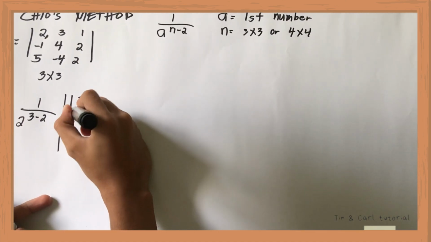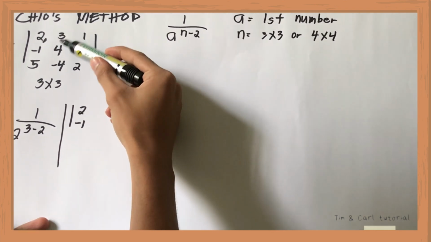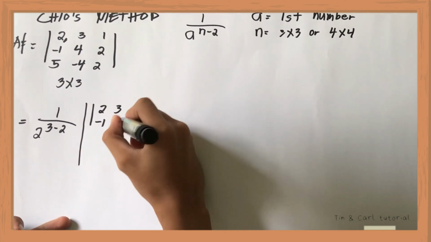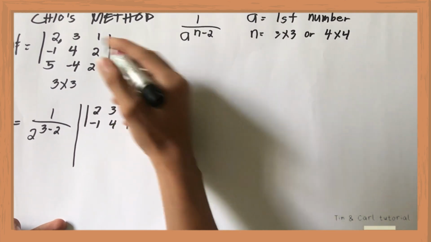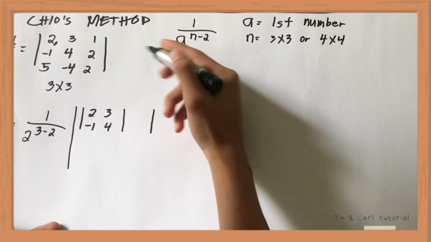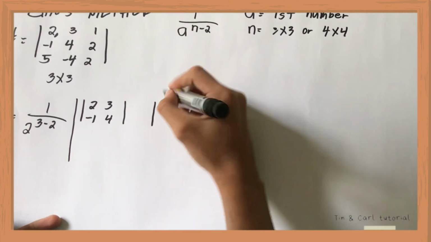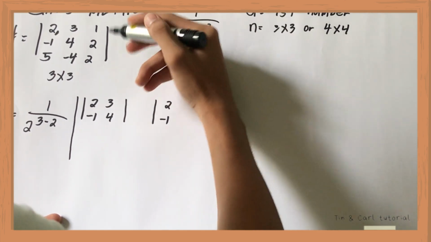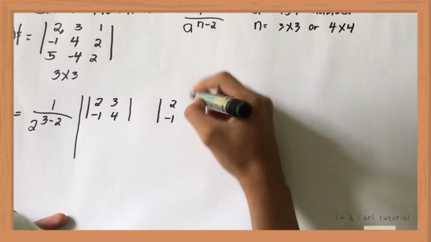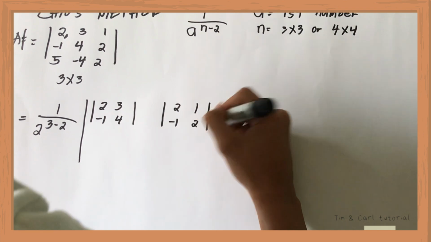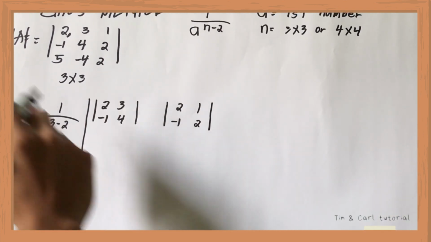Sulat natin dito. 2 and negative 1. 3, 4. 3, 4. Next naman, 2, negative 1. Dito naman, 1 and 2. Yan yung first row and second row.